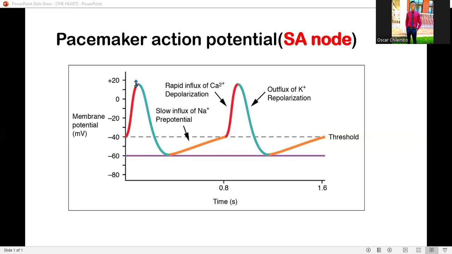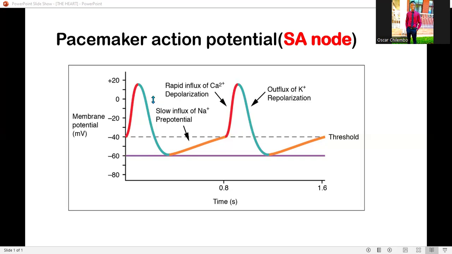So this red region we call phase 0. The first one is phase 4, then phase 0. These channels which opened in phase 4 at the beginning tend to close here. And then the graph is dropping. It's called repolarization, which is phase 3.